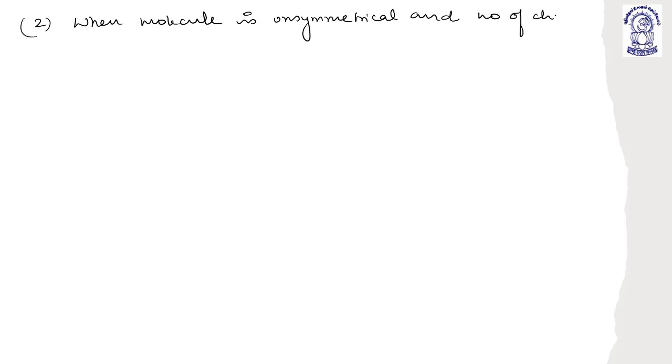When the molecule is unsymmetrical and the number of chiral carbons n is even, the number of D and L forms is 2 to the power n minus 1.